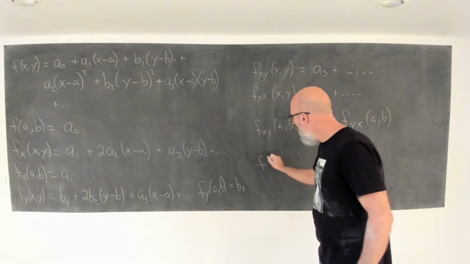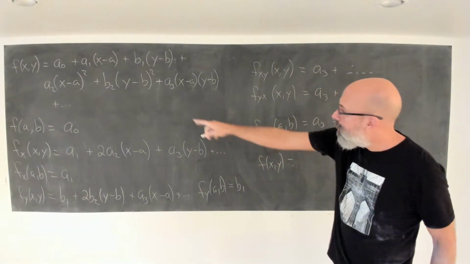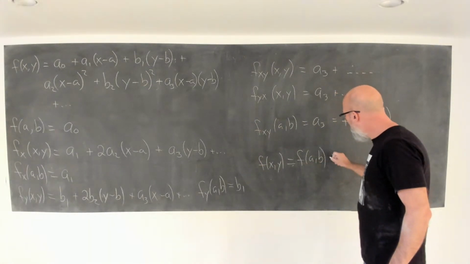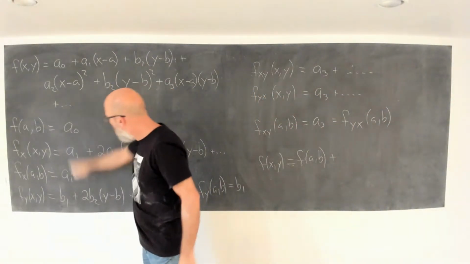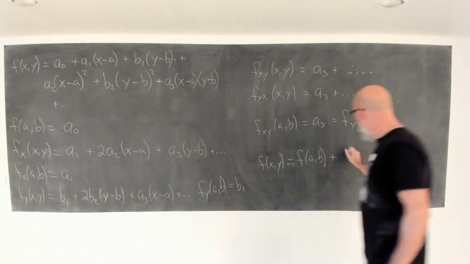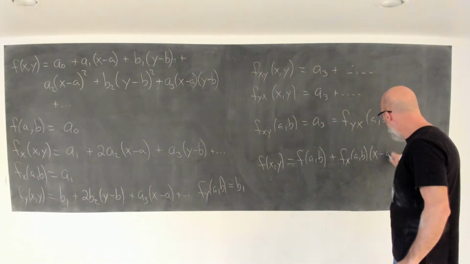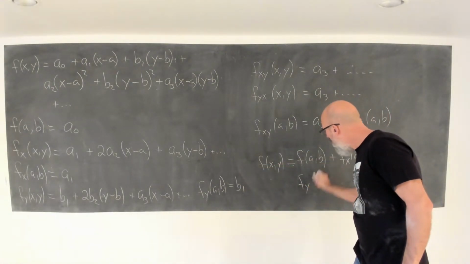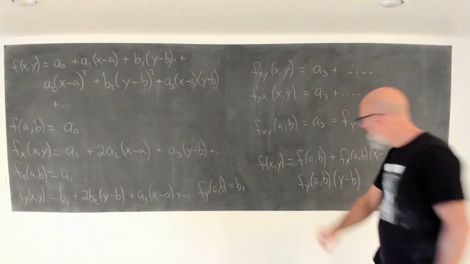We're saying that A0, which is f(a, b), plus A1, fx(a, b) times (x minus a), plus fy(a, b) times (y minus b).